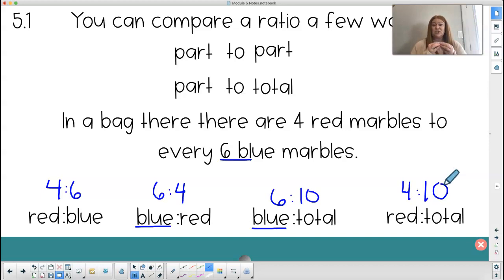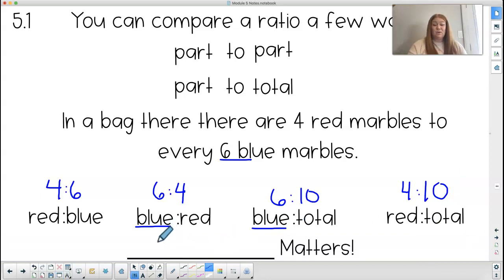So ratios are just comparisons. We're comparing, in this case, how many marbles we have. This color compared to this color, or switched around, or this color compared to all of them together. So one thing we need to know is that the order that you list them in matters.